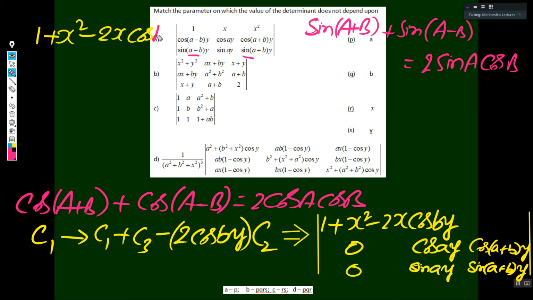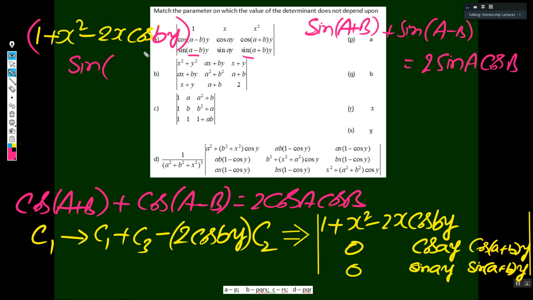If you find out the determinant, 1 plus x square minus 2x cos BY, if you find out the cofactor sin A cos B minus cos A sin B, sin of A minus B. Sir, it does not depend on A direct result. Correct. Sin of A minus B means AY plus BY minus AY minus BY. क्या आया sin of A minus B मतलब कितना आया?